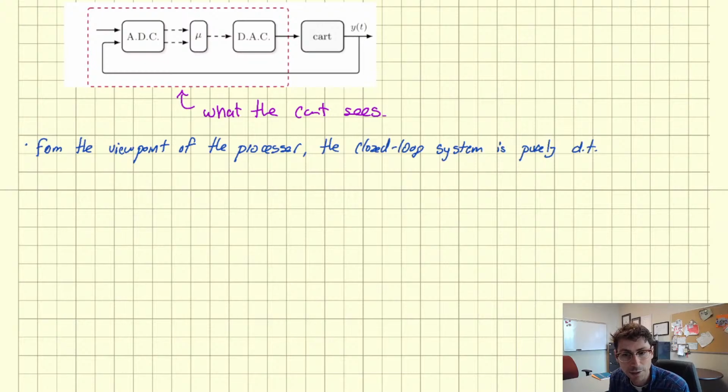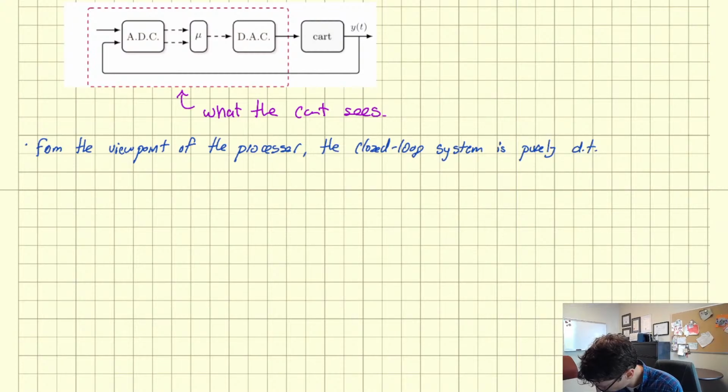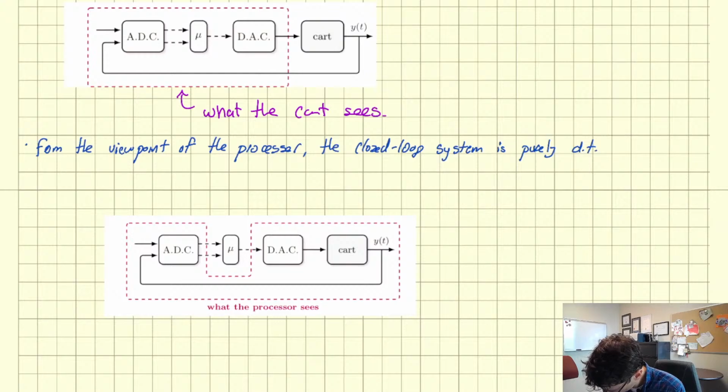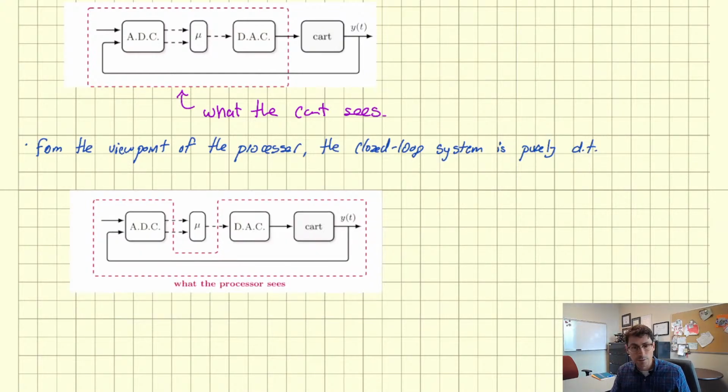Okay, and so I'm going to then paste the picture again from the notes. Okay, so the processor sees digital signals coming in and producing digital signals. So we're going to try to take both these viewpoints as we go through this course.